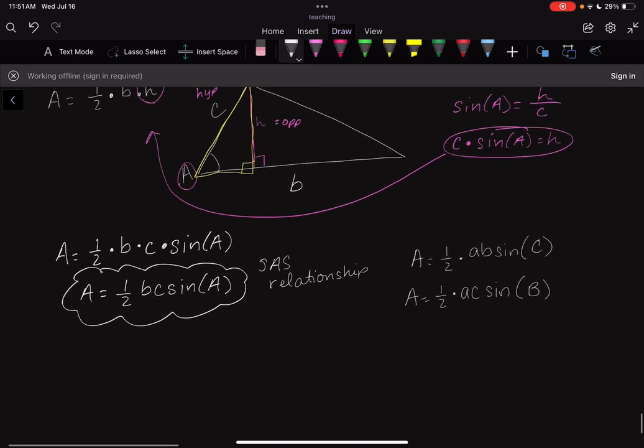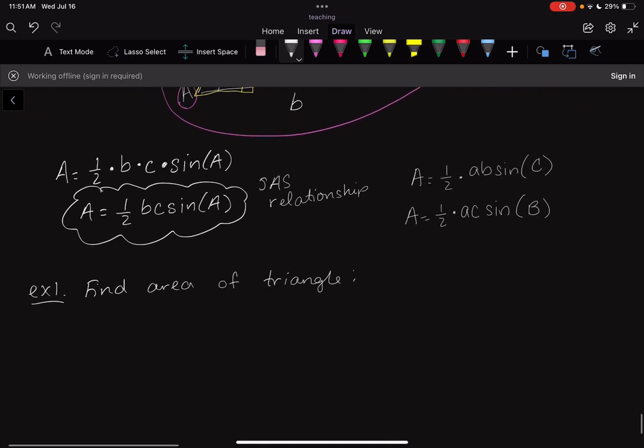So let's go ahead and do our first example. This says find the area of this triangle. 92.5, 48.5, 6, and 8.